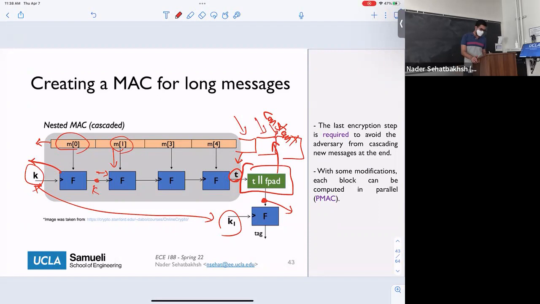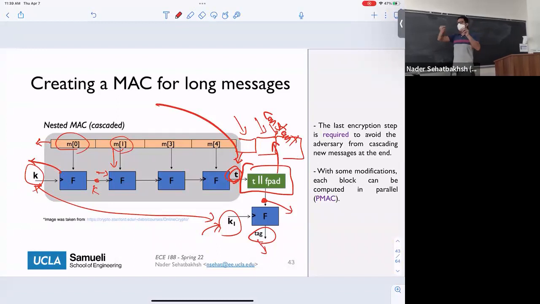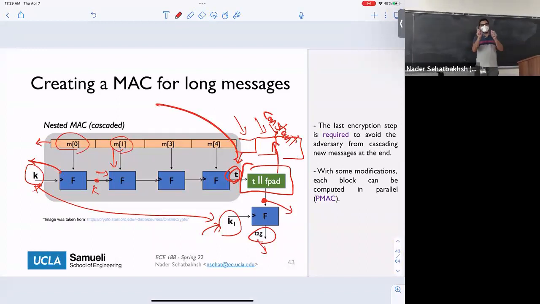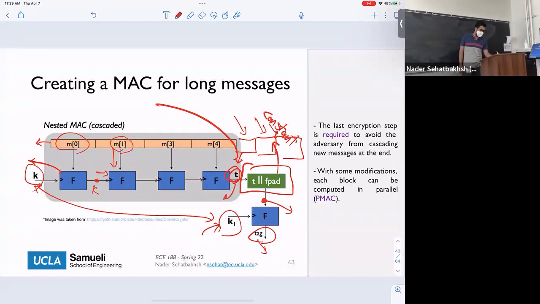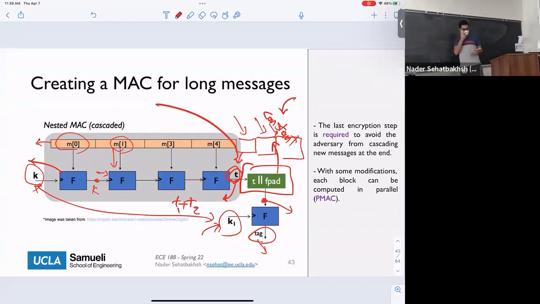So instead we compute the MAC one more time with a separate key, and this time we decorrelate what we are computing at this point from what we get as the tag. Otherwise, there's a very known attack called the cascading attack, where the attacker gets this tag, adds another message to it, gets the tag of that, adds these 2 tags together, T1 and T2, and gets the final tag. So it's kind of a 2-round thing.